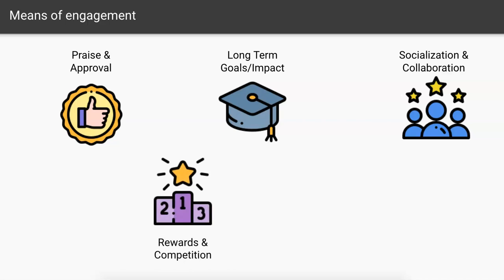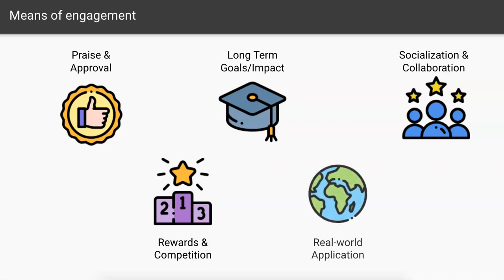You'll want to provide varying options for rewards and also offer competitive assignments. And also consider real world applications so that students aren't completing just in-school assignments, but doing things that can be applied to the real world, such as service learning projects or community-based projects.